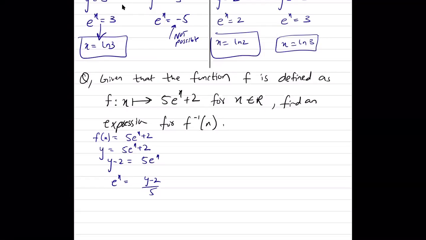So as a final step, what is going to be? ln of (y minus 2) upon 5. Therefore, the inverse function is going to be ln of (x minus 2) upon 5.